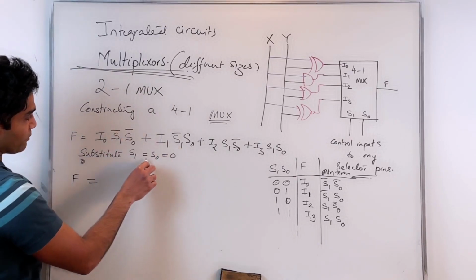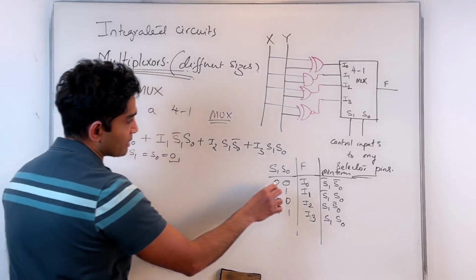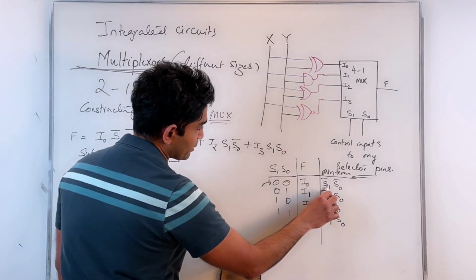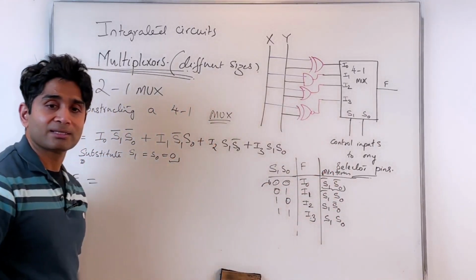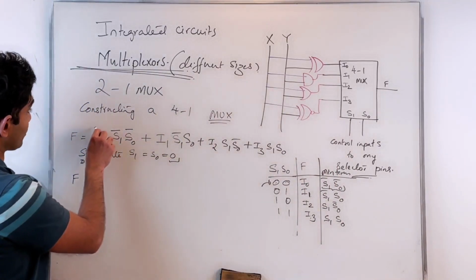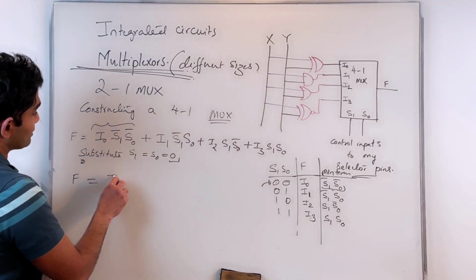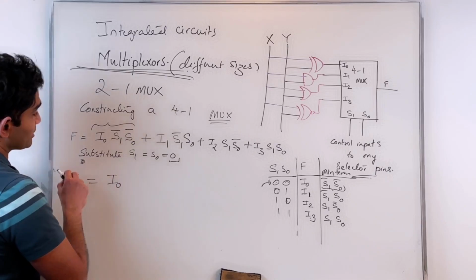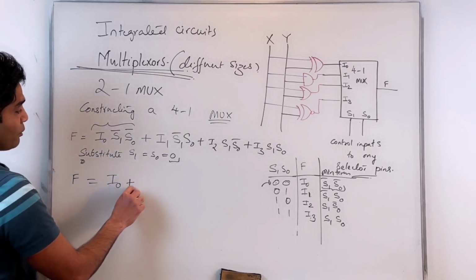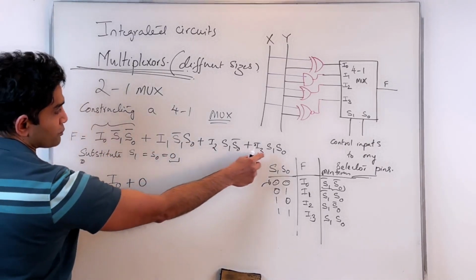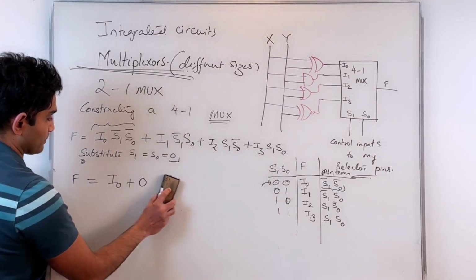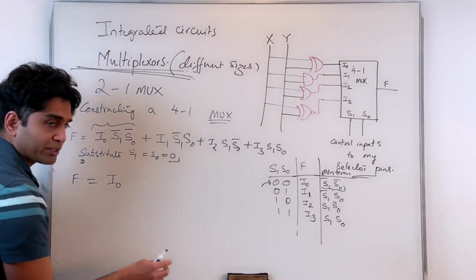Because S1 equal to S0 equal to 0 is this combination, the minterm corresponding to this combination is the only one that provides a 1. So I'm left behind with I0 times 1 plus all zeros, right? Because everything else goes to 0. So I'm left behind with I0.